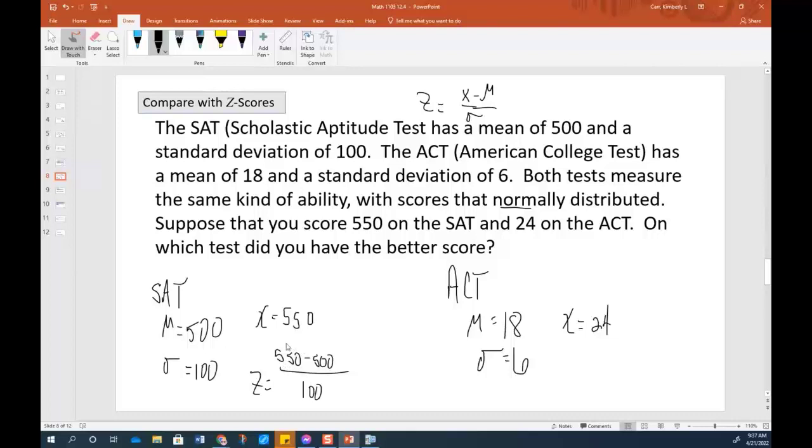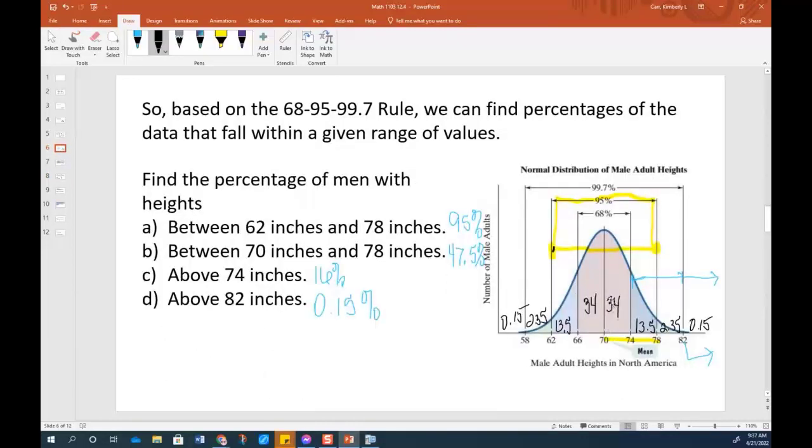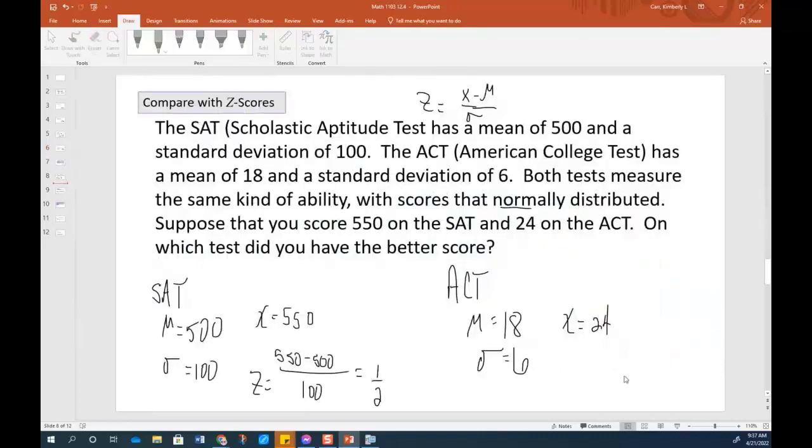Well, I don't really need a calculator to do this one, because 550 minus 500 is 50, and 50 over 100 is 1/2. So this is half a standard deviation above the mean. Now let's just back up for a moment and look at that. I'm not worried about the numbers underneath, but that just means it would put you right in the middle of this pink area. You did better than more than half the people, but there's still a good number up at that end.